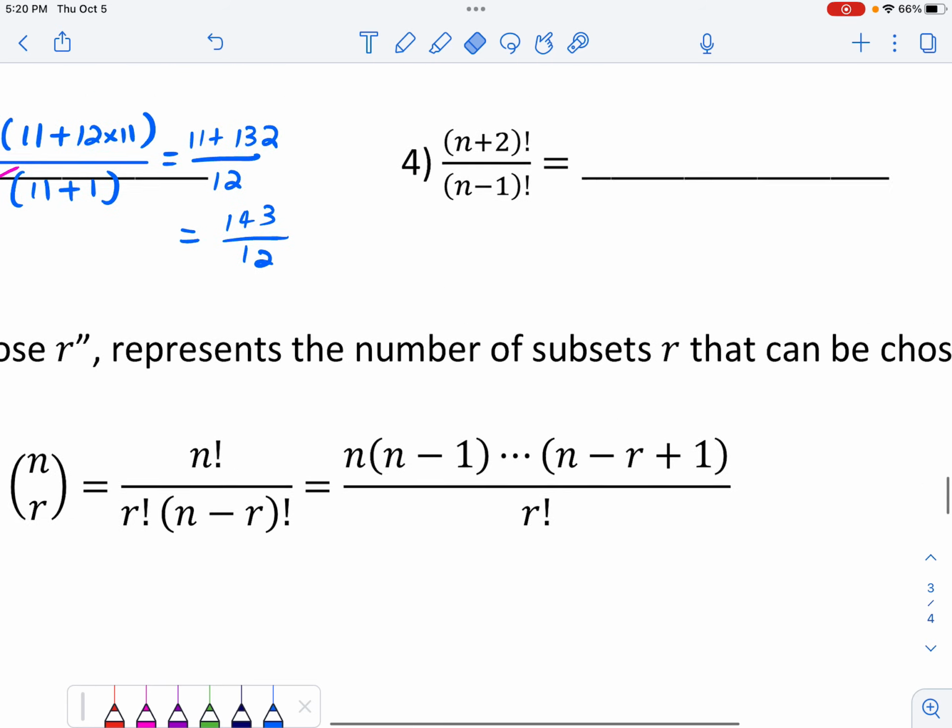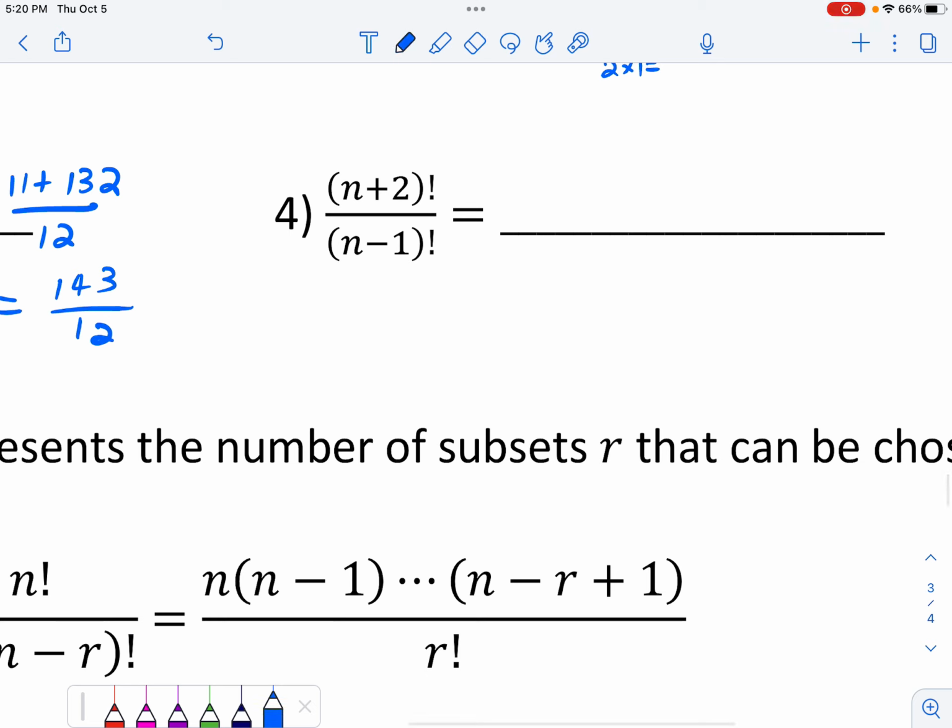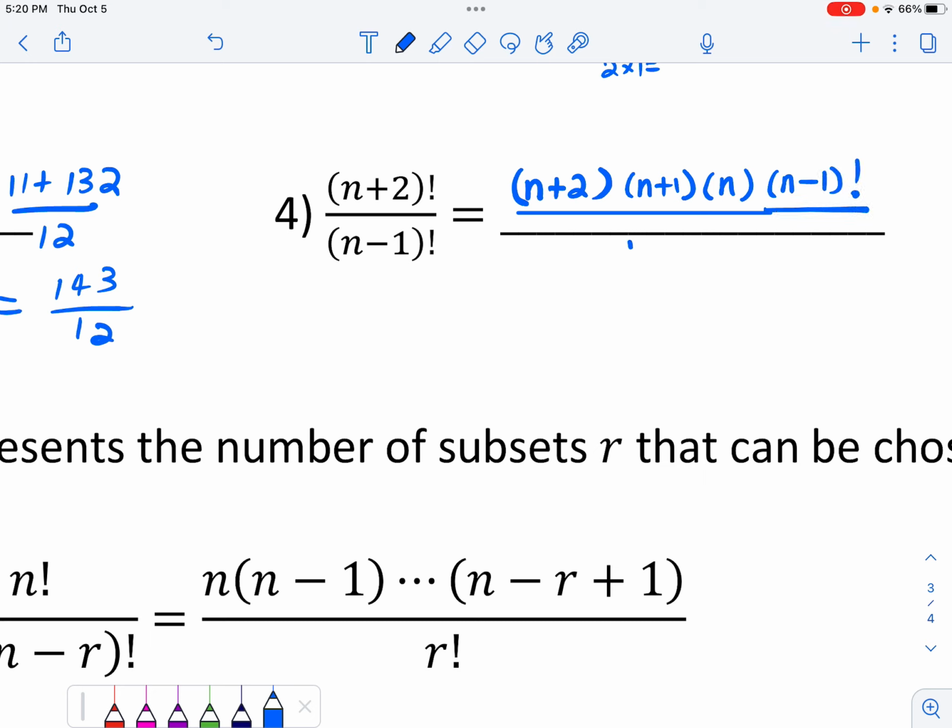All right, so next one: n plus 2 factorial divided by n minus 1 factorial. How do I handle that? Even though we do not know n, we certainly know n plus 2 factorial can be written as n plus 2 times n plus 1, just keep decreasing by 1, and then here this is going to be n, and here this will be n minus 1 factorial, divided by n minus 1 factorial.